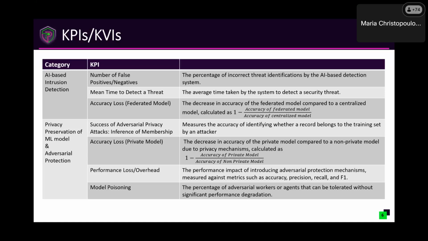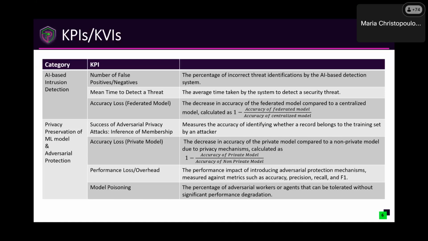In the deliverable, you can also find some additional attacks. One is, for example, the model inversion attacks, where attackers attempt to infer properties of the training data, and reconstruction attacks, where attackers try to reconstruct, let's say, the original training data samples.